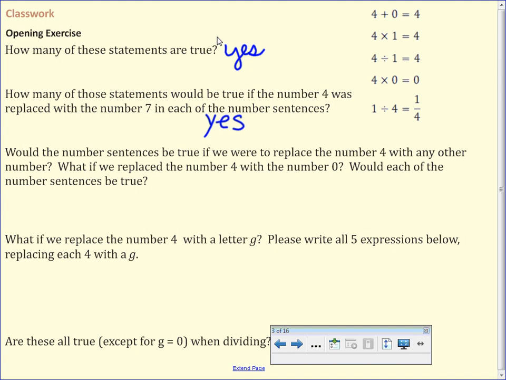So let's take a look. If we replace all the 4's with 0, they would all be true except the last one. So no. The first 4 are true. No matter what number we use, the first 4 are true.